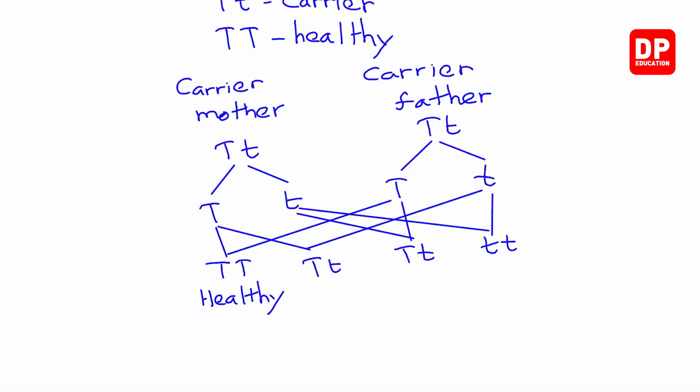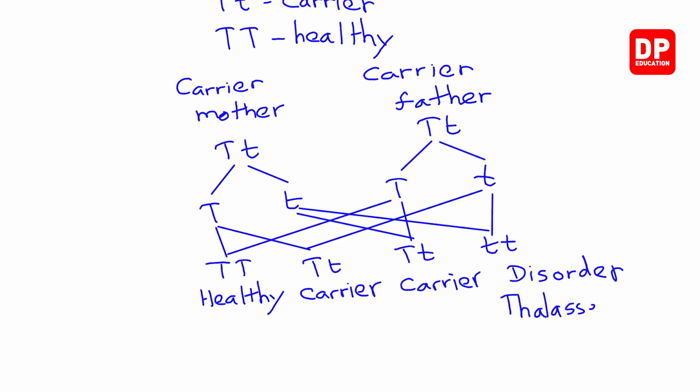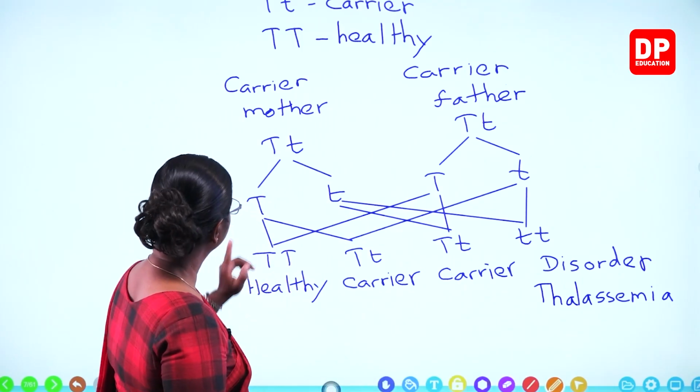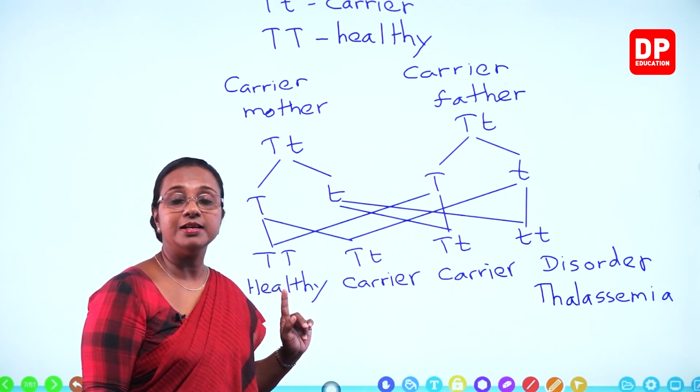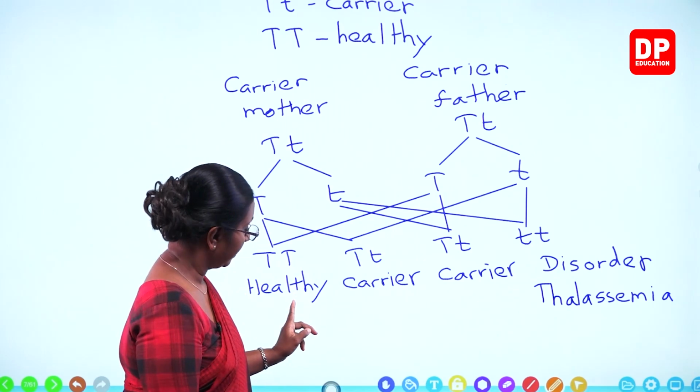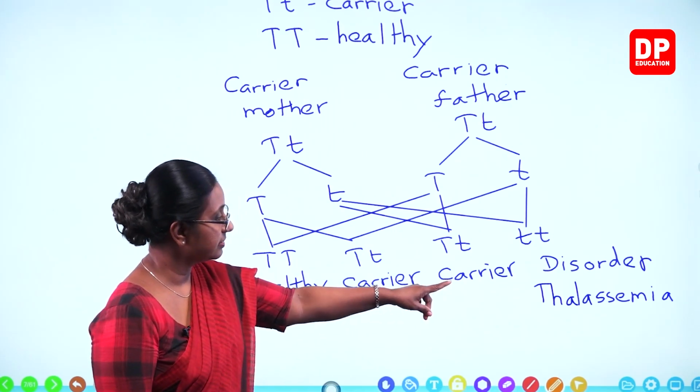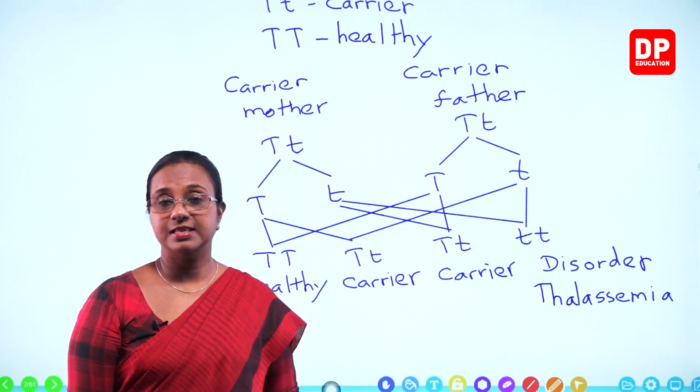So, healthy person, carrier, and a person with the disorder, that is thalassemia. Now, you can see both are carriers. In the next generation, you only have one healthy person, healthy child, 2 carriers and 1 child with thalassemia.